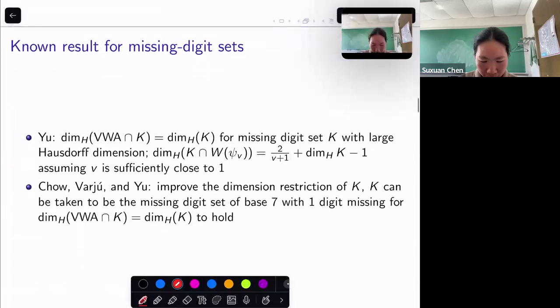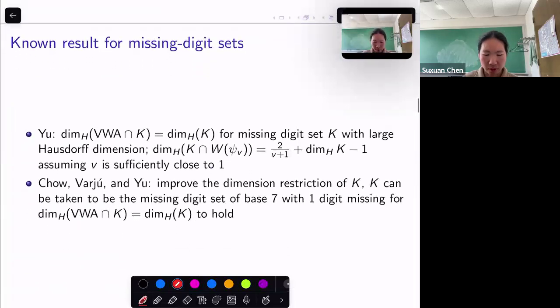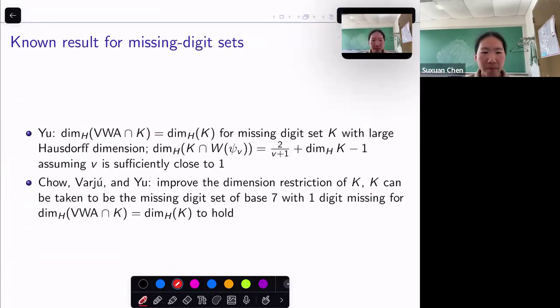There are some known results for missing digit sets. By the work of Han Yu, the Hausdorff dimension of very well approximable numbers intersect with a missing digit set is equal to the Hausdorff dimension of this missing digit set, under the assumption that the missing digit set K has large Hausdorff dimension, which means the Hausdorff dimension should be very close to 1.